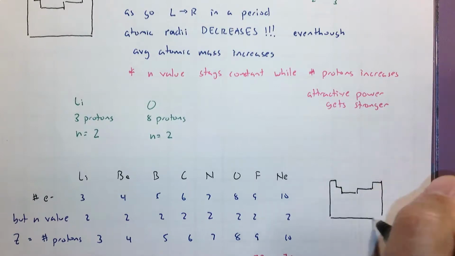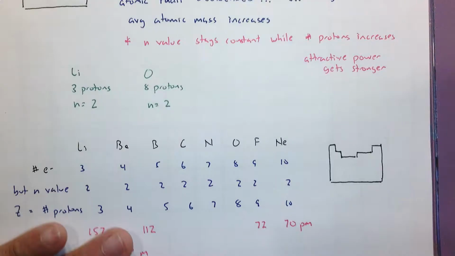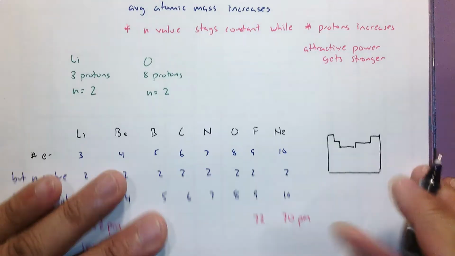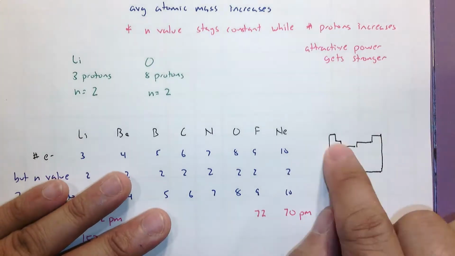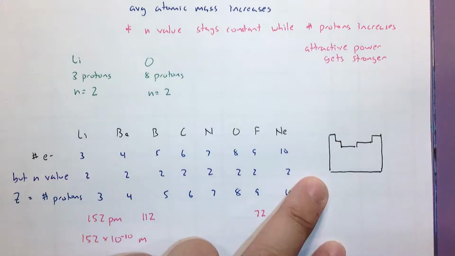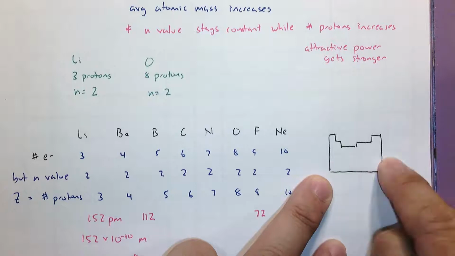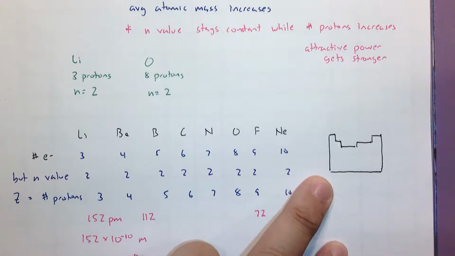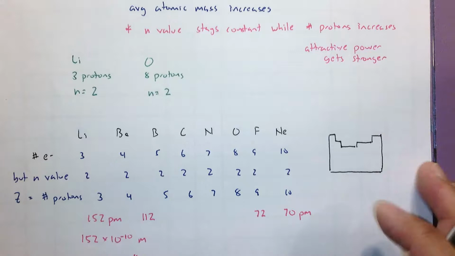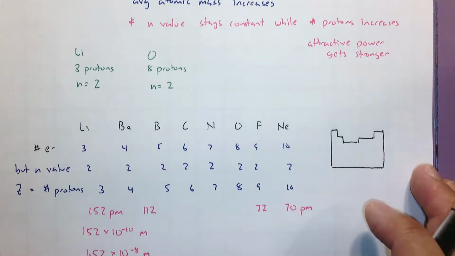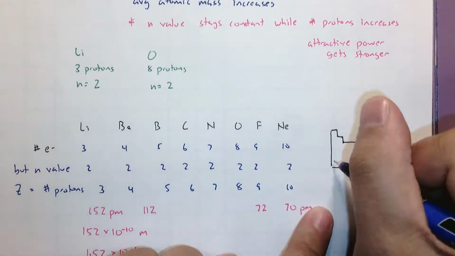So here's my picture, and what do we say? It increases as you go down the group, and it decreases as you go across. So, which element would have the biggest atomic radii? Francium.